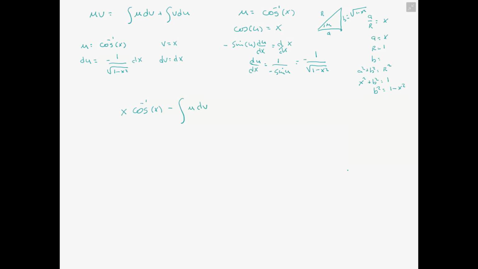All right, the integral of u dv equals uv minus the integral of v du, and we do our substitution. u dv is the arc cosine of x dx, minus v, x, du, which is minus dx over the square root of 1 minus x squared.